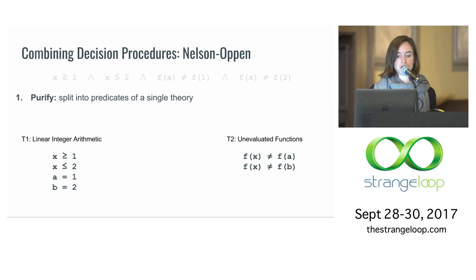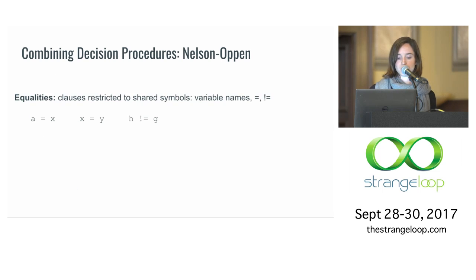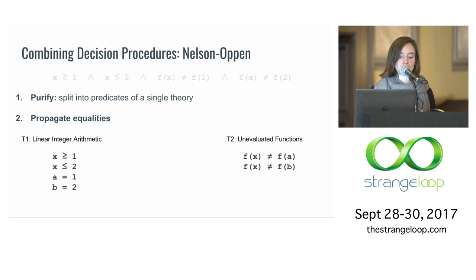And now we've purified, and we now have a set of predicates that each of these theory solvers can reason about independently. So now what can we learn in each of these theory solvers about the predicates that we have here? We're going to reason about what's inside each of these buckets in the theory solver, and then we're going to propagate what we learn over to the other theory solver and eventually up to our parent.